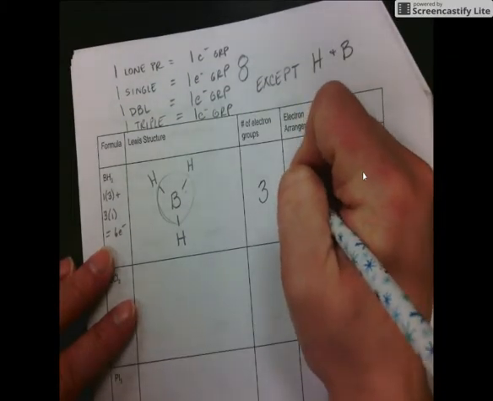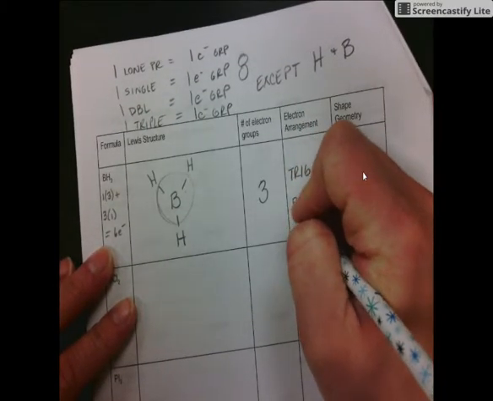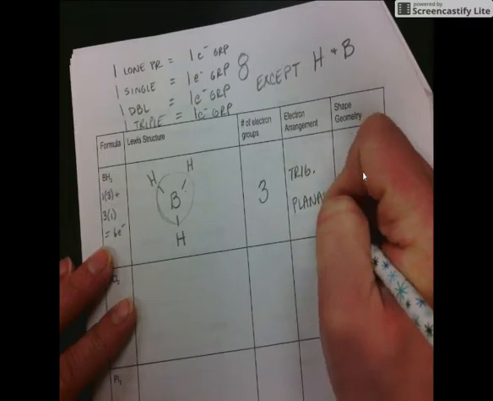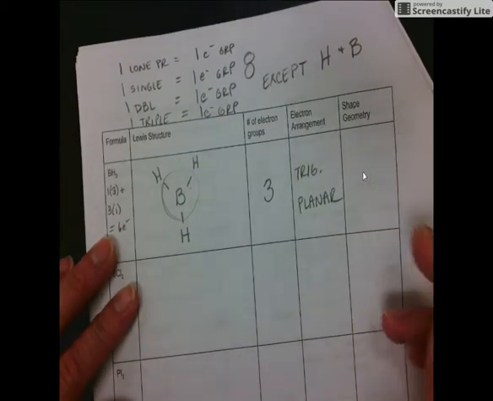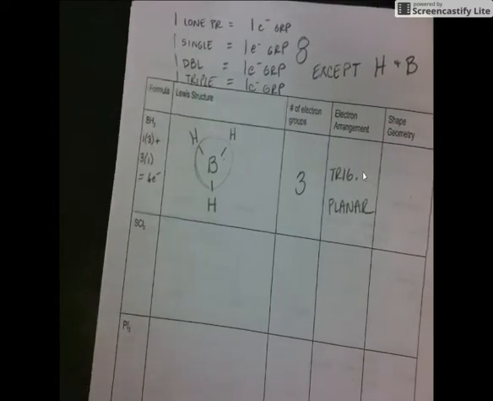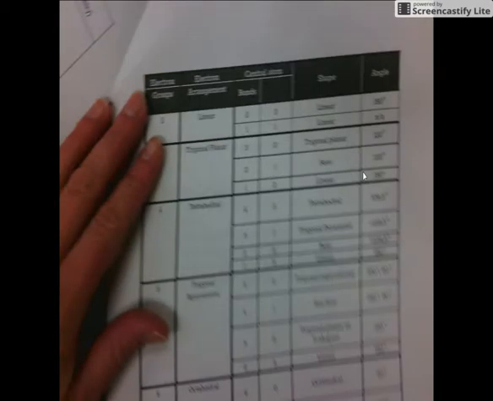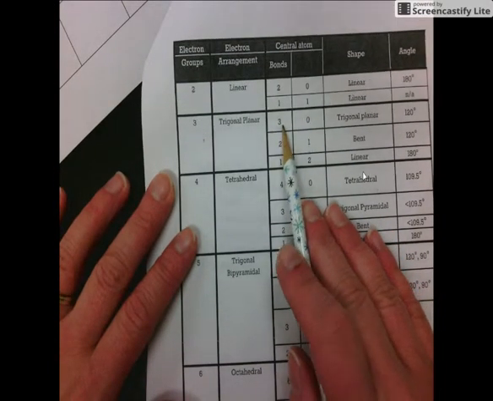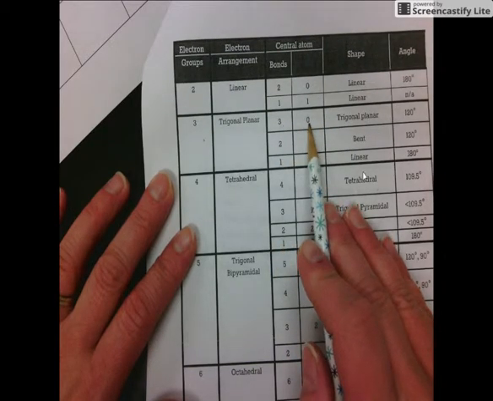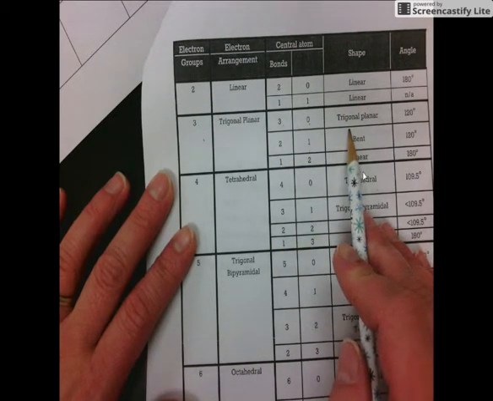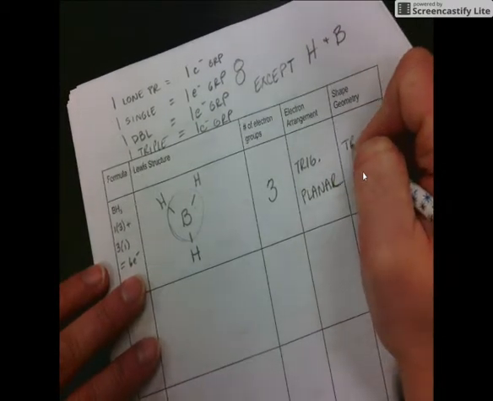So I'm just going to come back over here and write trigonal planar. And then my geometry, the actual shape of the molecule. I'm going to go back to that last page, and I look, okay, I had 3 bonds and no lone pairs, so my shape again is trigonal planar. So I just write trigonal planar.